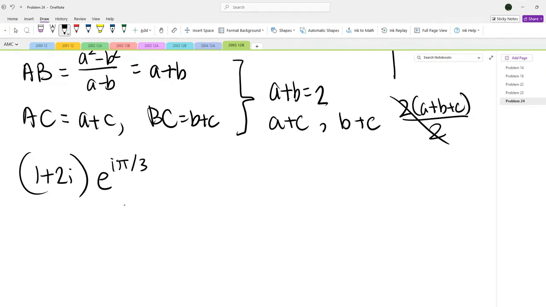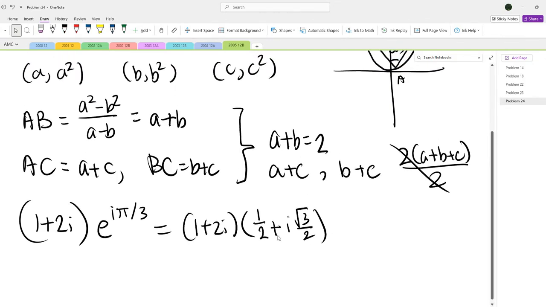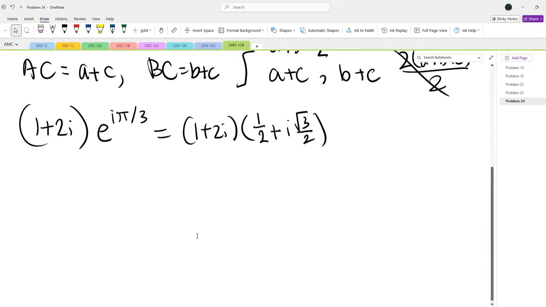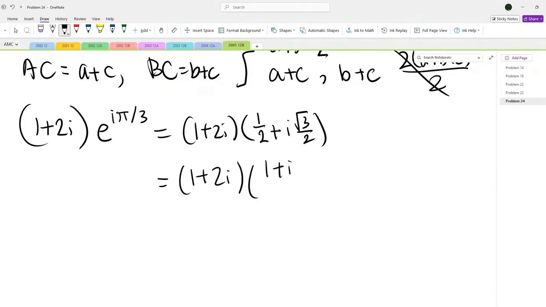And this complex number would be cosine pi over 3, so 1/2, plus i sine pi over 3, which is root 3 over 2. So we'd get that the slope of AC would be the slope of this complex number, which we can find to be 1 plus 2i times 1/2 plus i root 3 over 2.